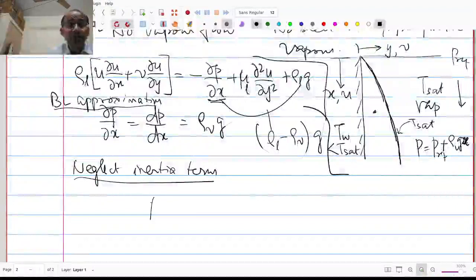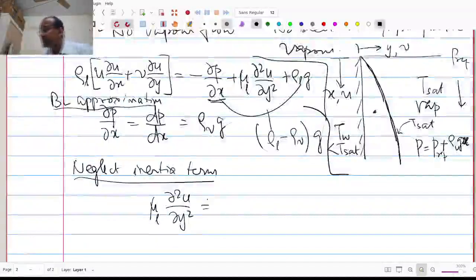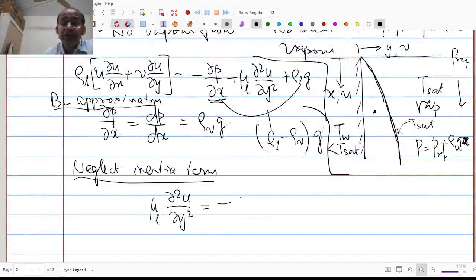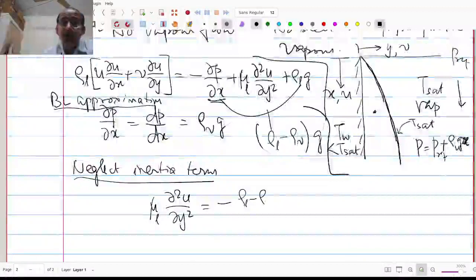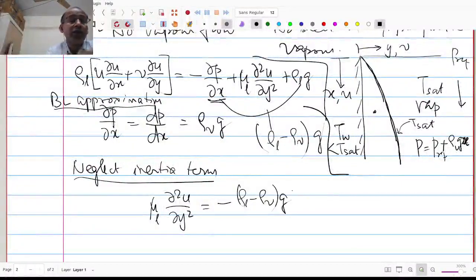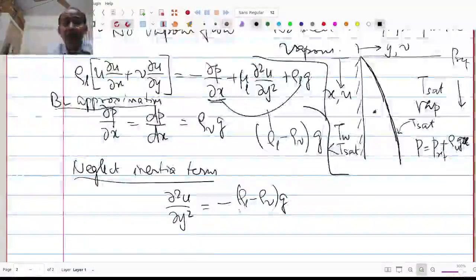So you will get mu L into del squared U by del Y squared is equal to minus rho L minus rho V into G, or I can take the mu L to the other side.